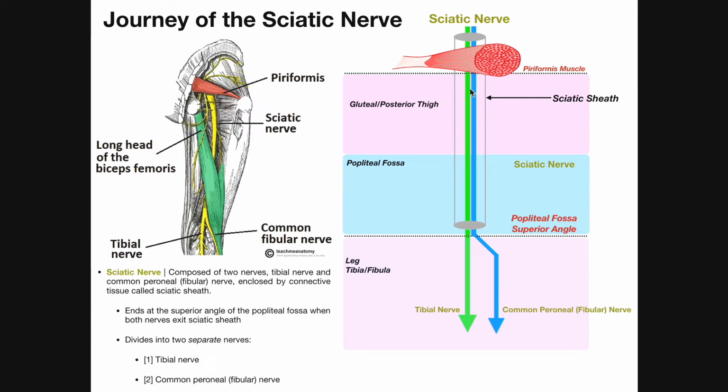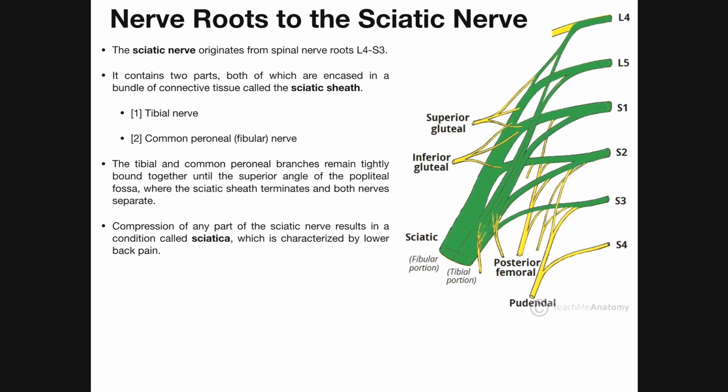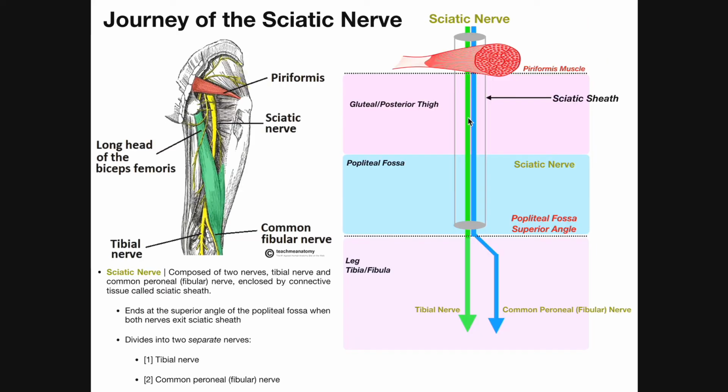It's composed of a tibial portion, which I have here in green, and a common fibular portion here in blue. And really, from its origin at its nerve roots, all the way down through the gluteal region and the posterior thigh, these two portions remain tightly bound together, covered by a sciatic sheath.